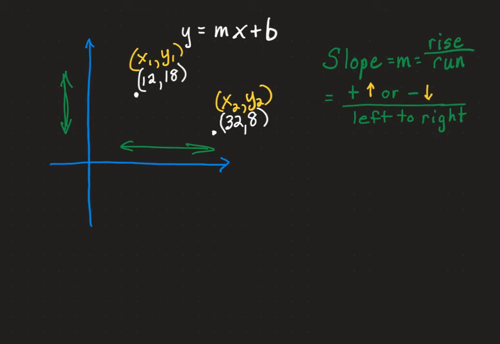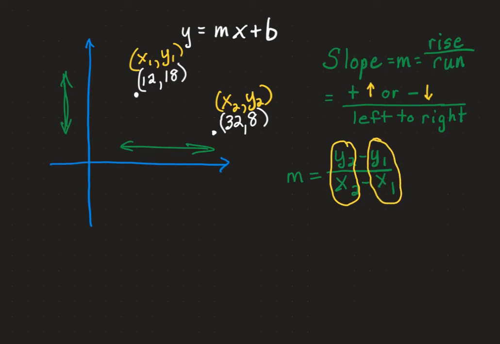But how do we actually go about finding the slope between these 2 points? Well, the formal formula for slope is y2 minus y1 over, now be careful, do not mix up the order, x2 minus x1. So here is one point, and here is the other point.